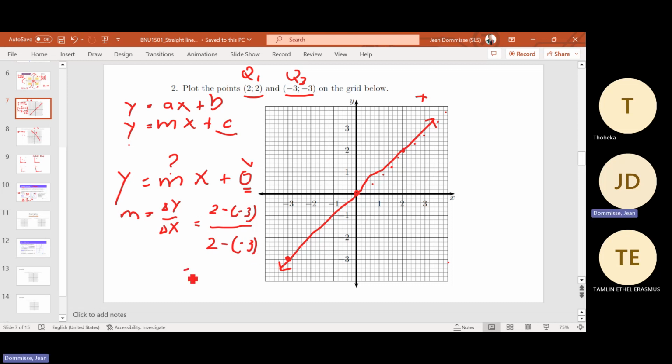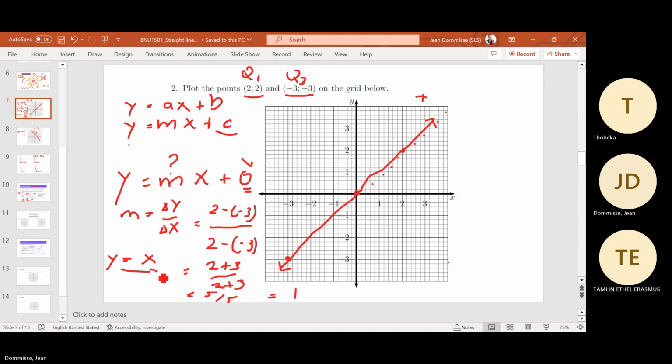So 2 minus 3 is 2 plus 3, and below the line also 2 plus 3, which will be 5 over 5, which is equal to 1. So there we would have been able to calculate our straight line as y is equal to x.